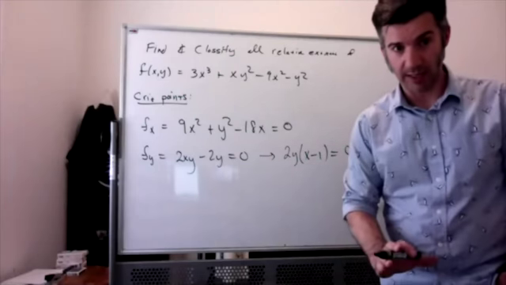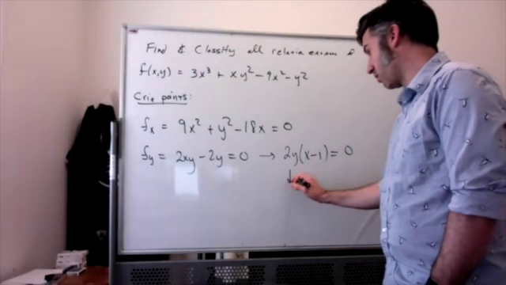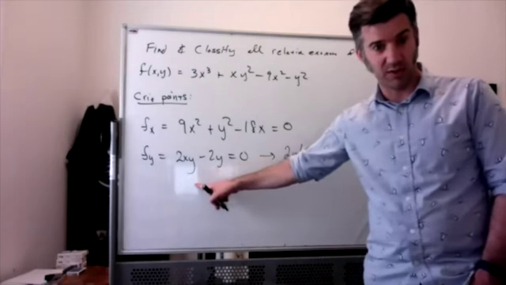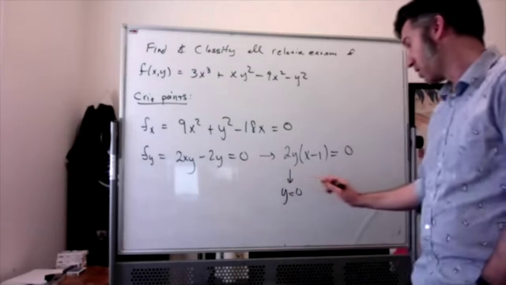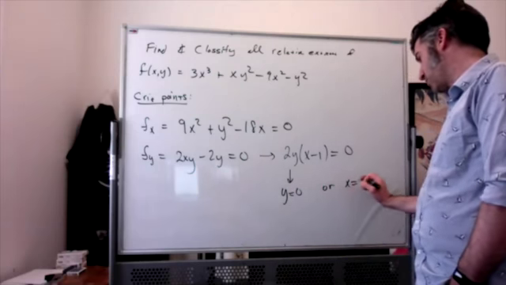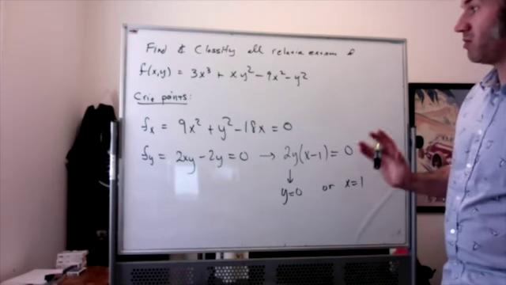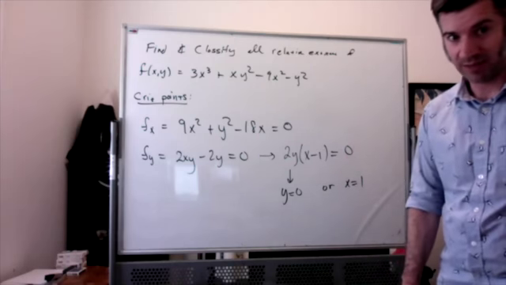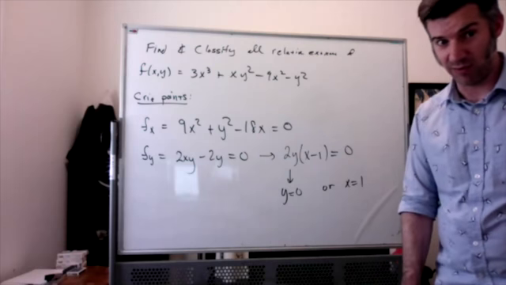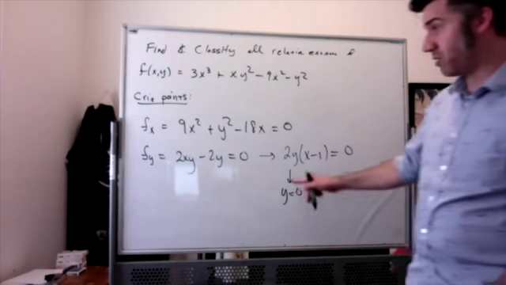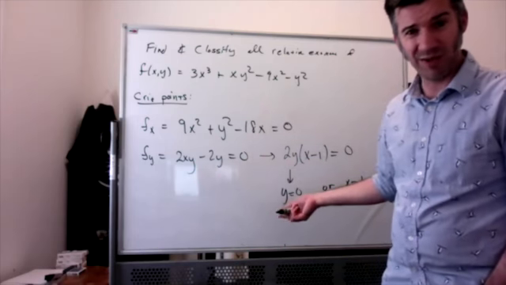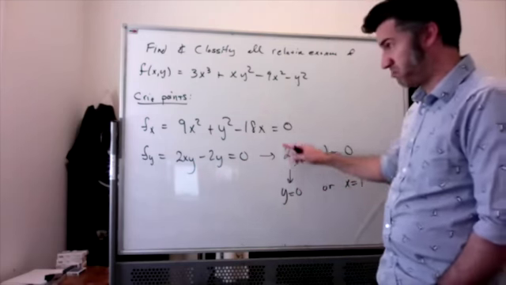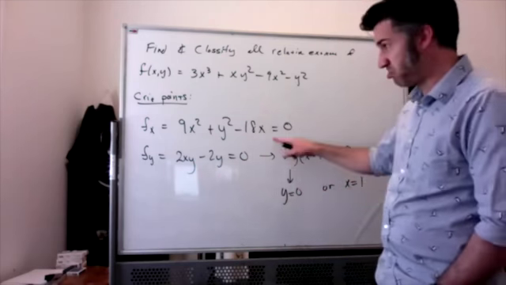Okay, so here's what I've got. To make sure that this partial is equal to 0, I can say either that y is 0, that will certainly work, or that x is equal to 1. But what I really need to stress is that 1, 0 is not a critical point. Yes, 1, 0 makes this partial derivative equal to 0, but if x is 1 and y is 0, that does not satisfy fx.